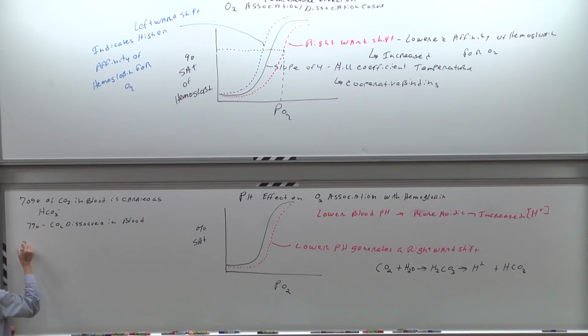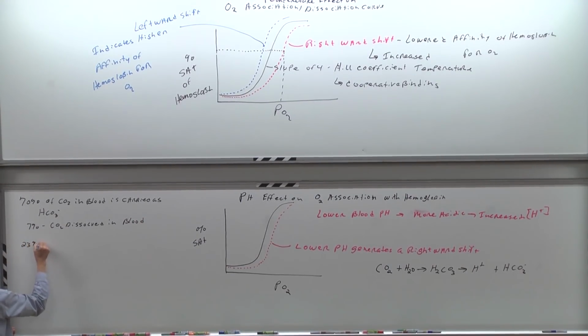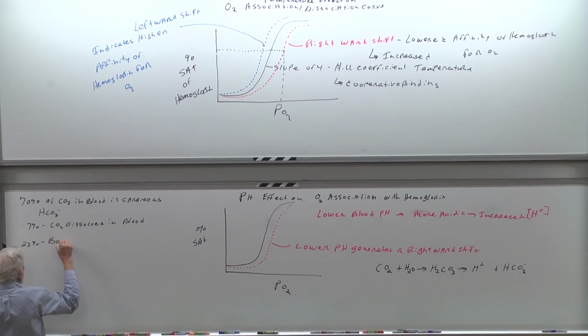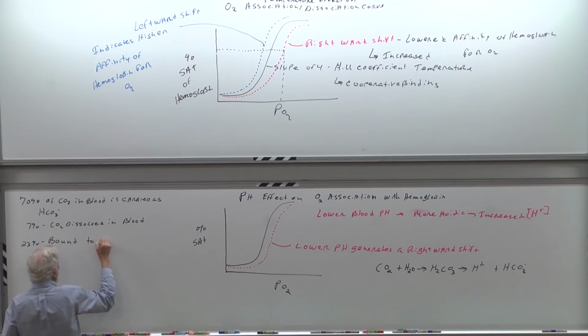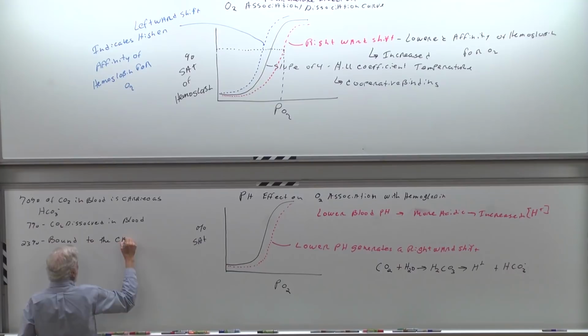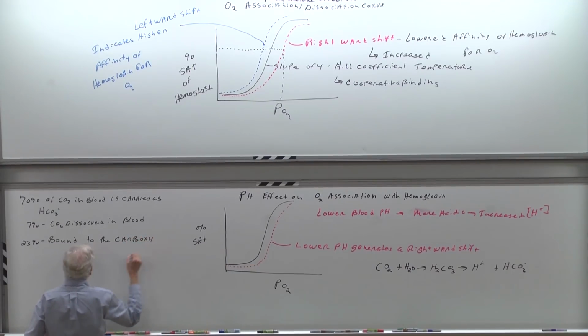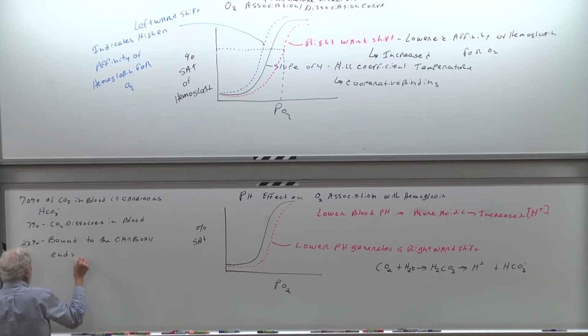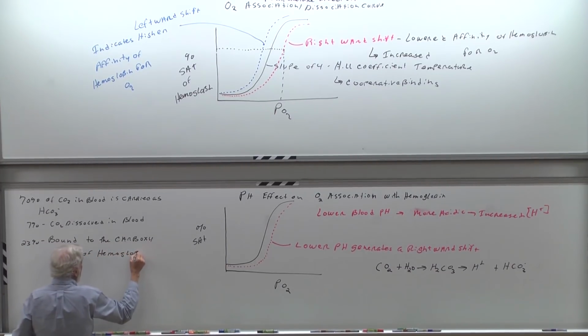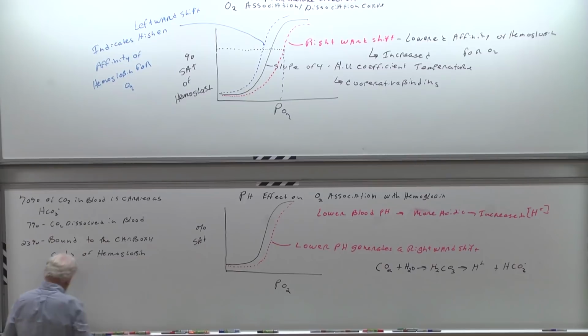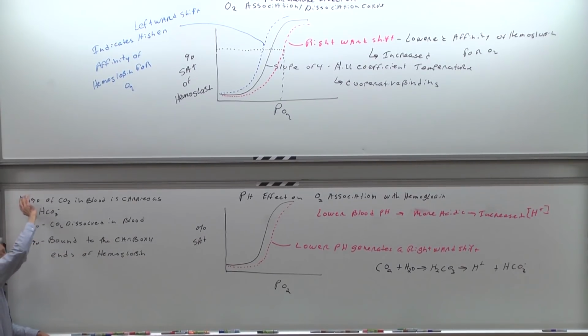And the remaining, 23% or so, maybe a little less, is carried bound to the carboxy ends of hemoglobin. But the vast, vast majority of the carbon dioxide in blood is being carried as bicarbonate.